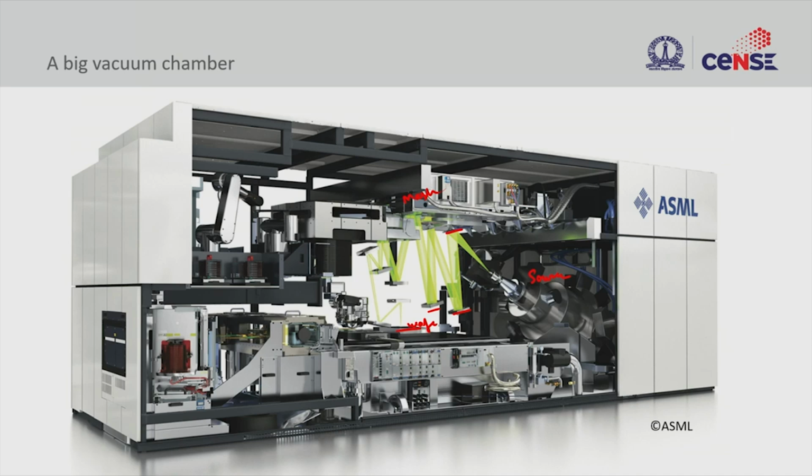If you look at these lower wavelengths, the spectral efficiency of these sources is very low. So the amount of photons that you get is low, and you want to make it very efficient. In order to reduce dispersion of the photons, you should operate these optics inside a vacuum chamber, and that again is a very technically challenging task, where you have highly sophisticated reflective optics that need to be aligned.